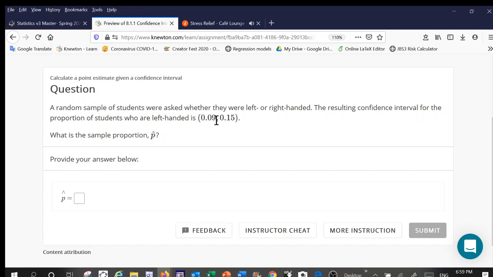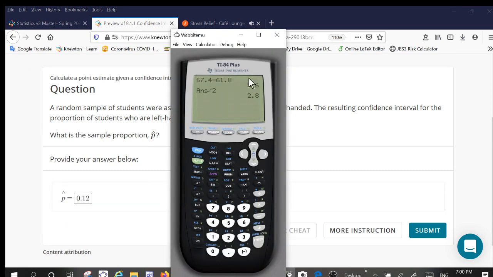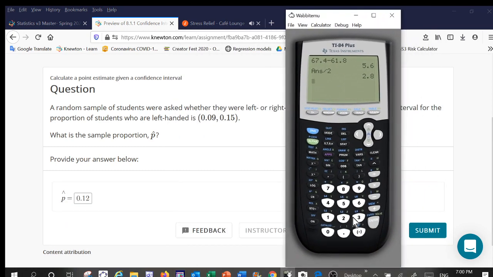So basically, we add them and divide by 2, right? So if you add and divide by 2, what do we get? We get 0.09 and add it to 0.15 and then divide by 2, we get 0.12.